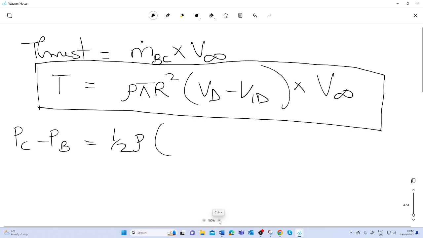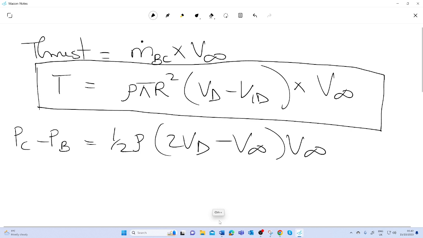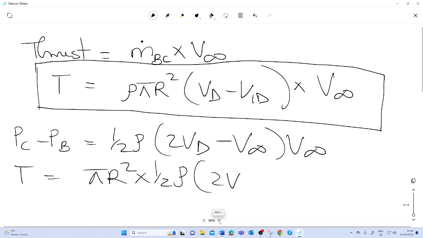rho V infinity (2 Vd minus V infinity). And the thrust can also be pi r square times half rho (2 Vd minus V infinity), from the previous equation, multiplied by V infinity.